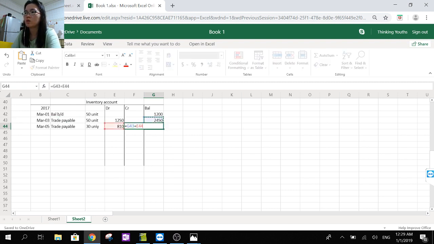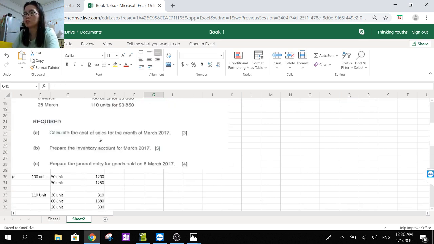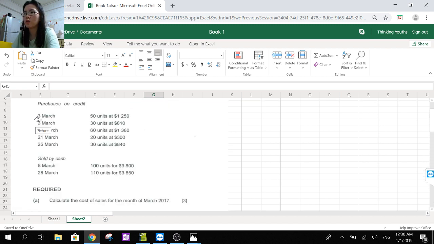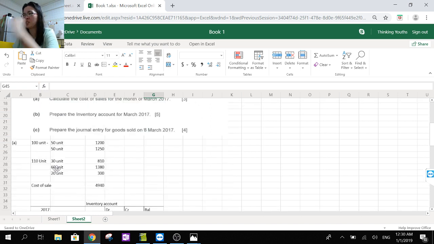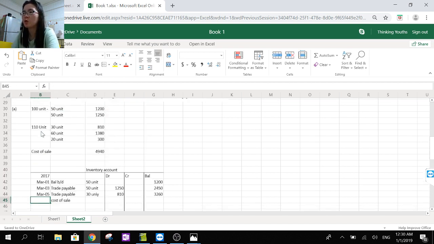So the total will be 3,260. So after the 5th will be the 8th, which you're going to sell 100 units. So the sale is all cash basis. So we will post it to cost of sales, because that's not the selling price, that is the cost price. You need to take the cost price.